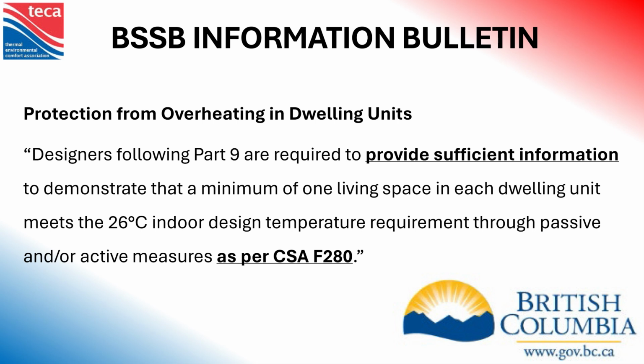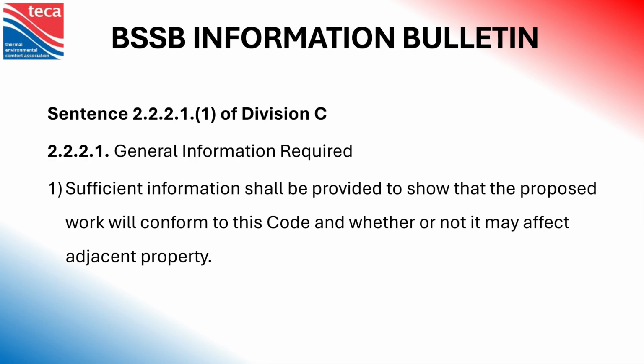It also will point you to this clause in the code in Division C that says, sufficient information shall be provided to show that the proposed work will conform to this code. But there's no explanation of what you are required to provide to show this information.